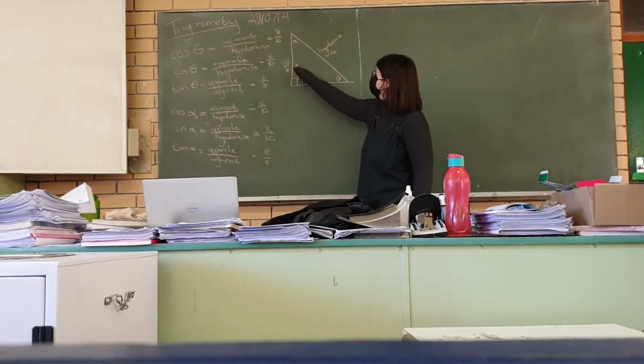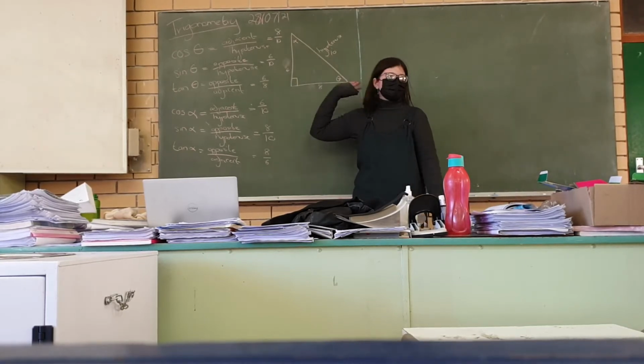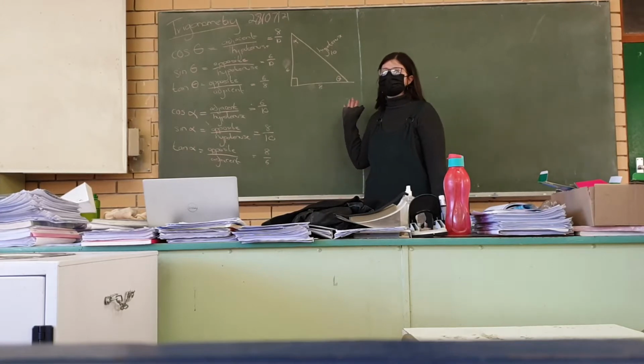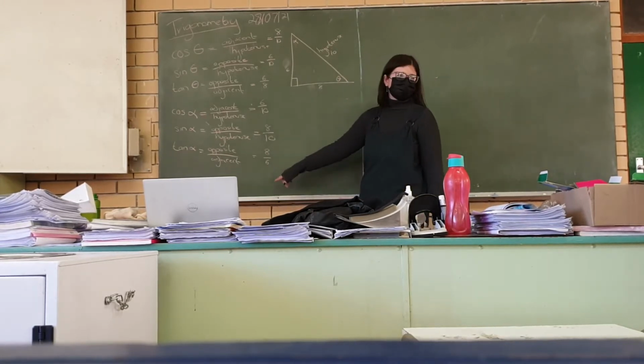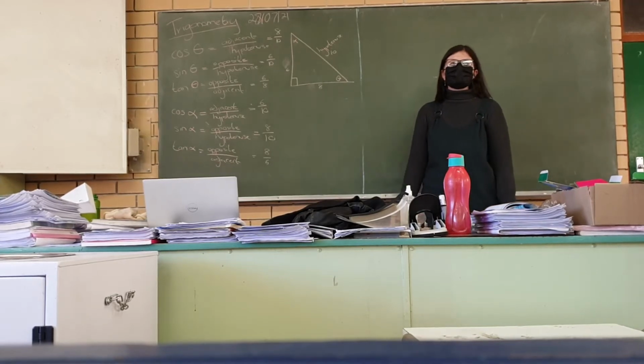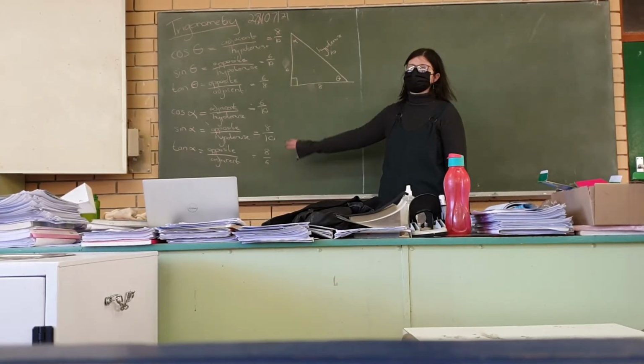Alright, so I made up these numbers, the 8, the 6, and the 10. I made them up out of my head. And then I wrote them down in the ratios that they appear here. Guys, quiet please. Any other questions on this?